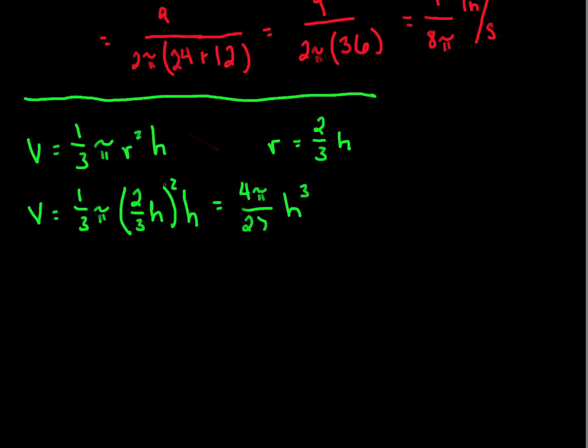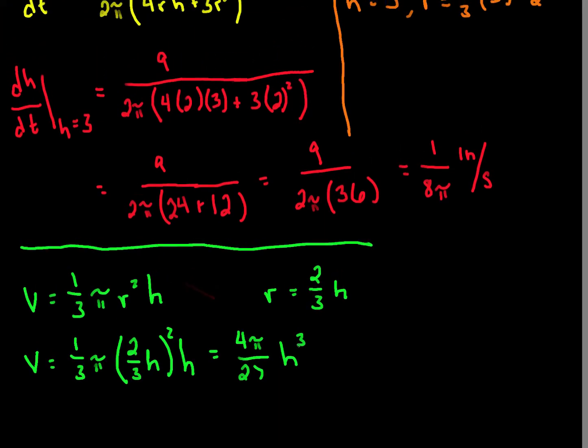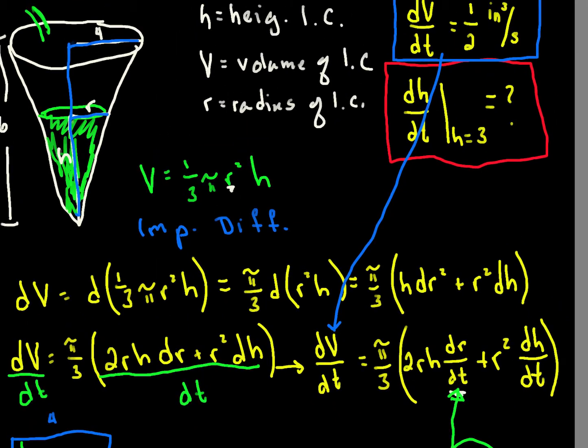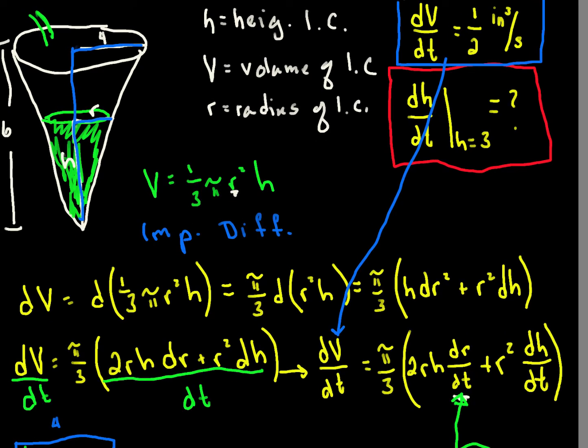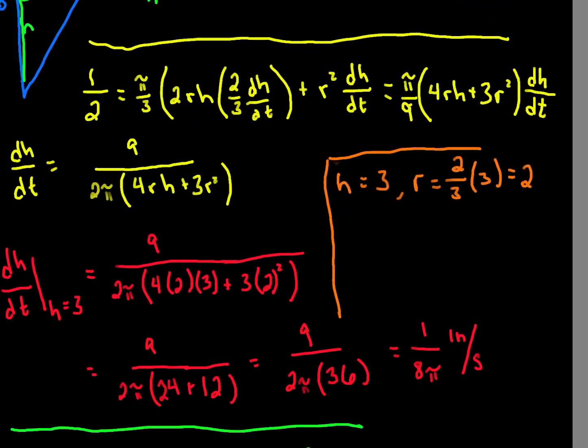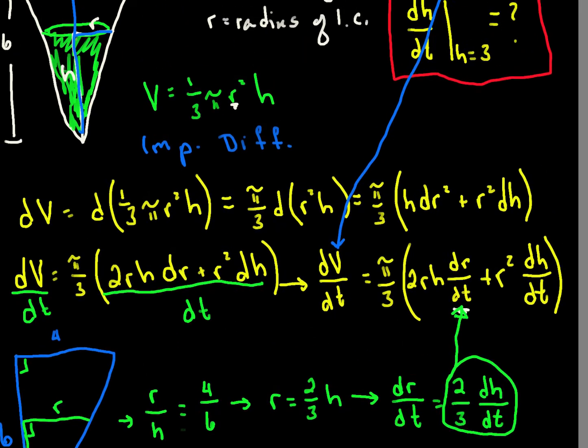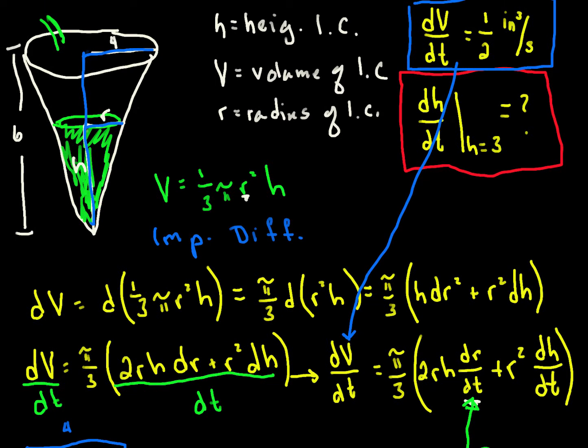Now, right off the bat, we've got an equation for volume that's only in terms of h. That does require that we knew at the very beginning that we could make that relationship. So just as a suggestion, either way we've got the right answer, 1 over 8 pi inches per second, but just an encouragement: when you relate your variables and you've got multiple variables, right?